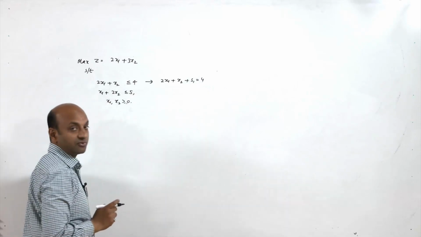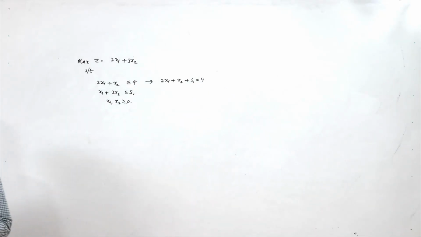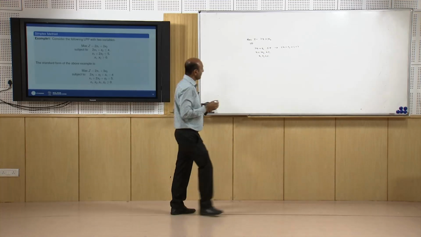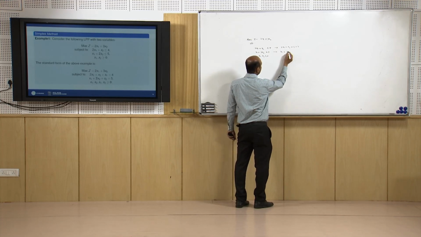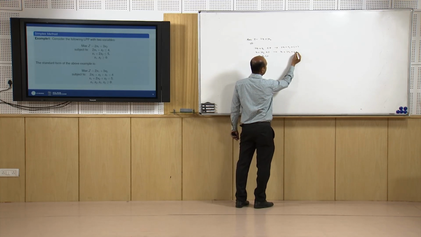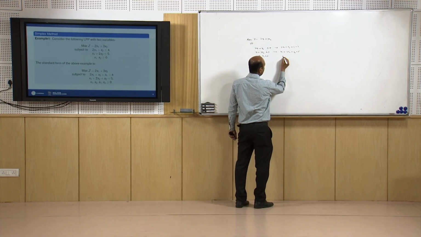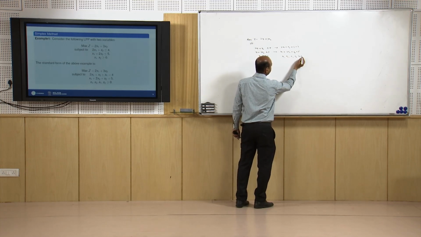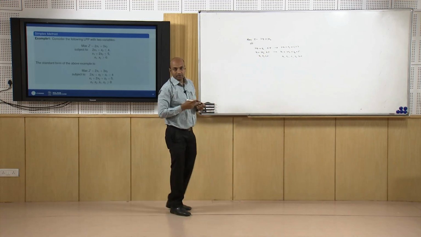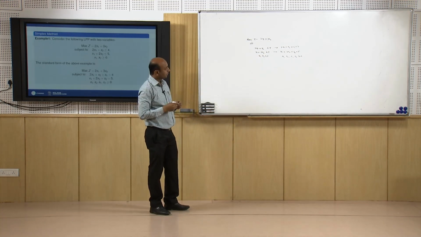Suppose that variable is s1. We call that variable a slack variable. Here also, x1 plus 2x2 plus s2 equals 5, and all variables are non-negative.